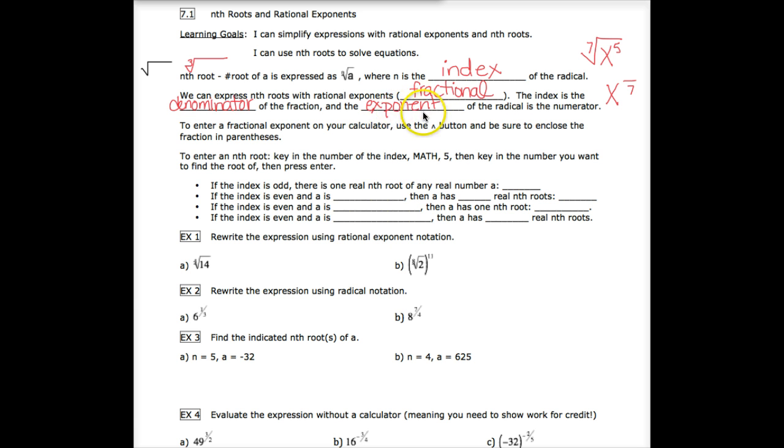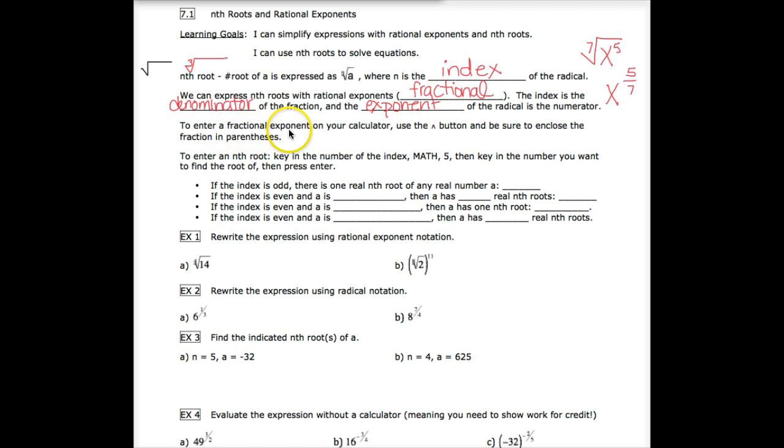And the exponent of the radical, so 5, is going to be the numerator. So these are equivalent forms. The 7th root of x to the 5th is the same thing as x raised to the 5/7 power. So we should probably know how to do both of these forms on your calculator.